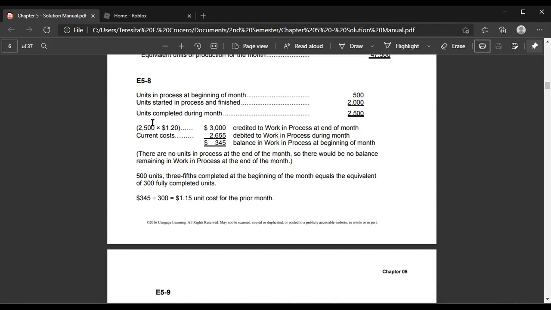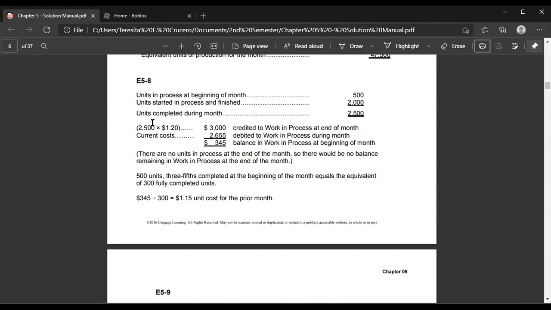So we calculate the unit cost for the prior month. So 3,000 credited to work in process at the end of the month. 2,655 debited to work in process during the month, as we have the costs incurred during the month. And we have the balance of 345.